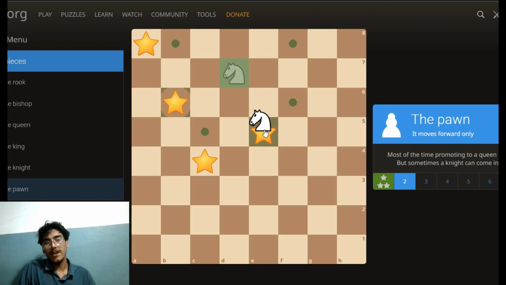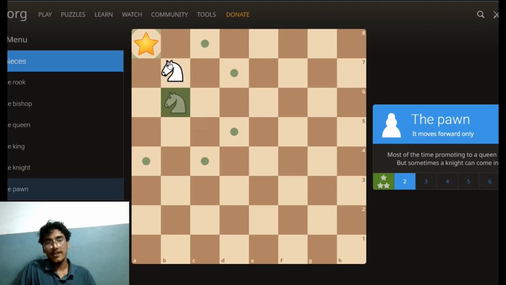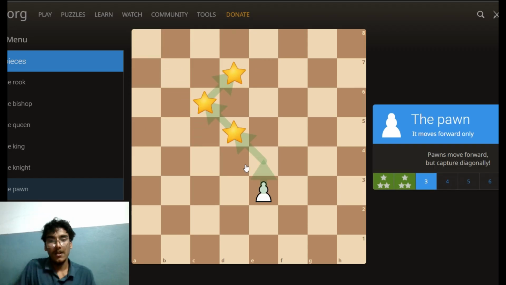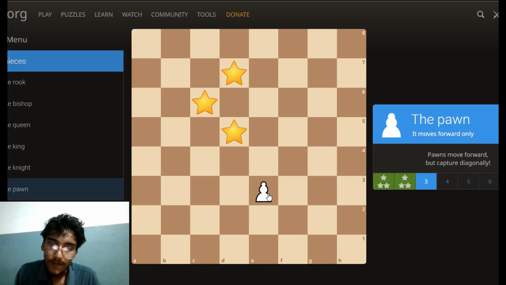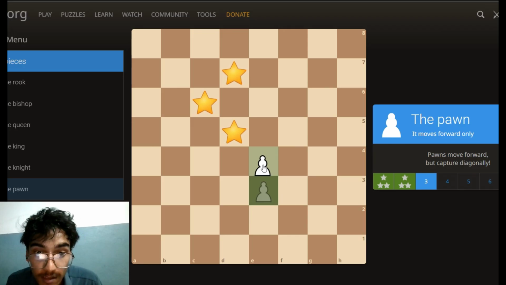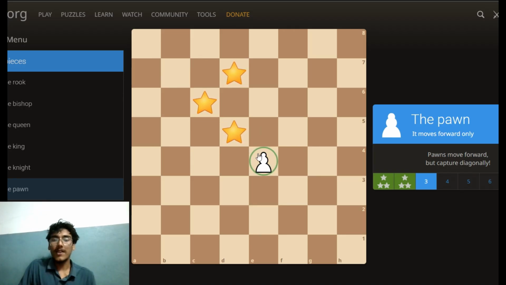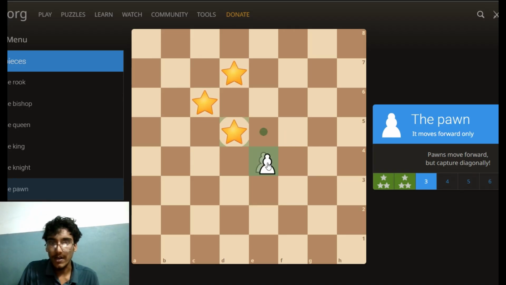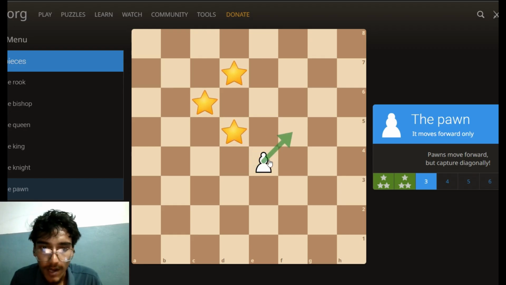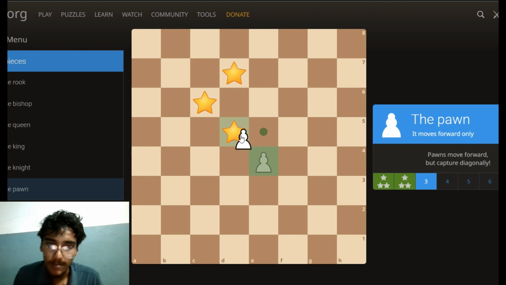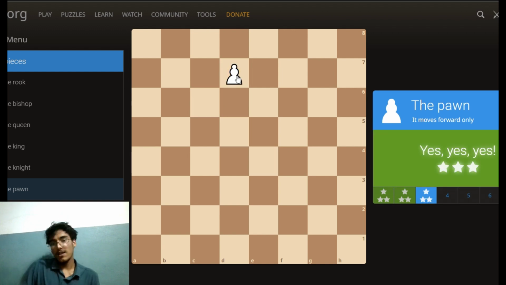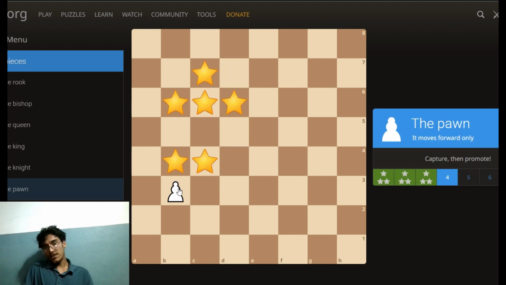Then, to capture any piece, the pawn moves diagonally. It cannot capture forward. If a piece is there, it cannot capture it. But if a piece lies diagonally one square apart, then it can capture easily like this. So these are the rules.